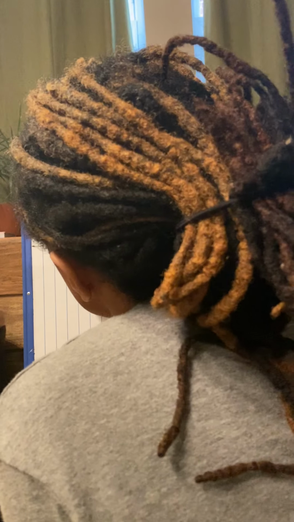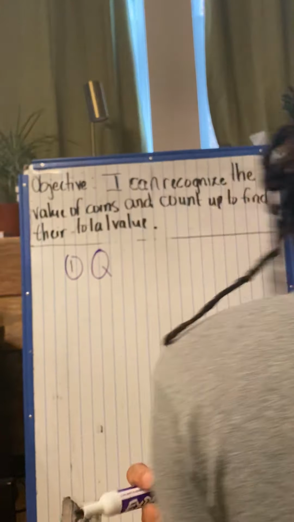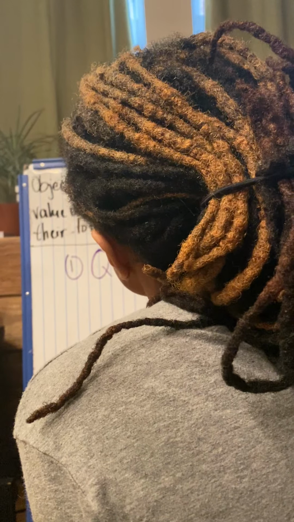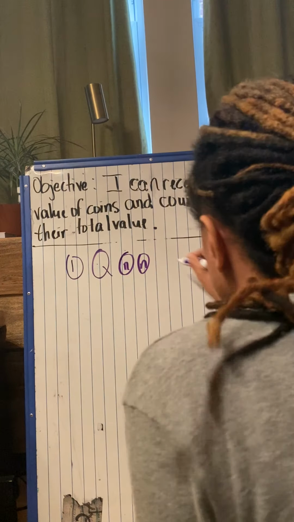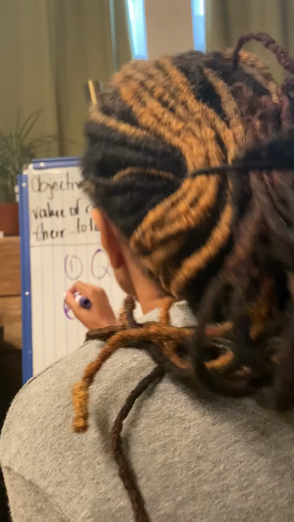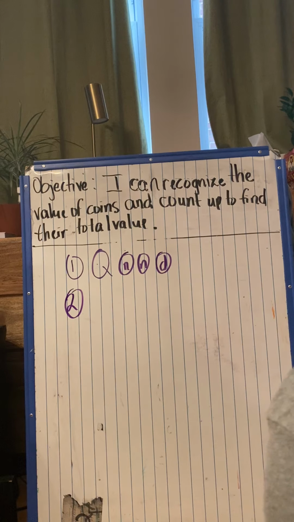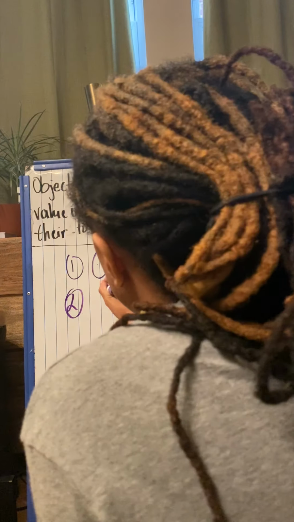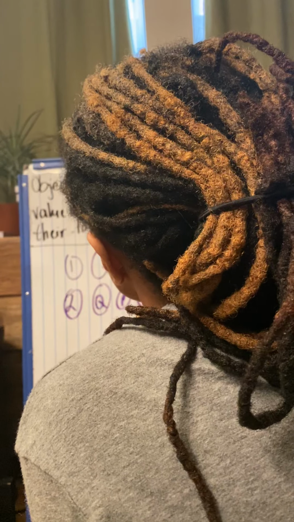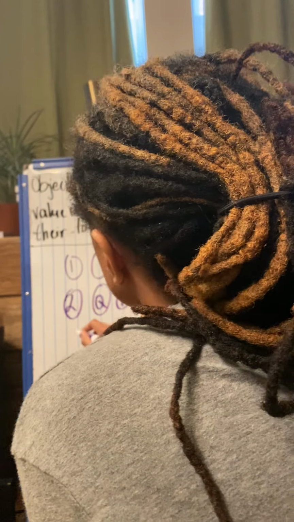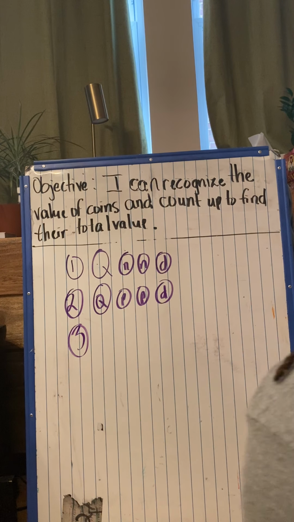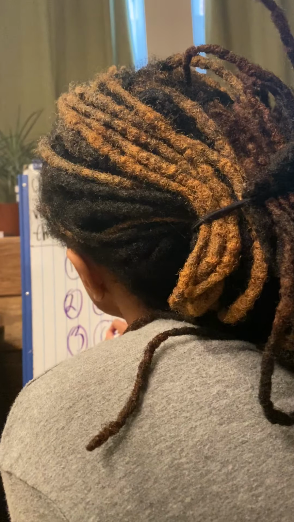So number 1 is going to be 1 quarter, 2 nickels, and 1 dime. Number 2 is going to be 1 quarter, 2 pennies, and 1 dime. Number 3, we're going to do 1 quarter, 2 dimes, 1 nickel.